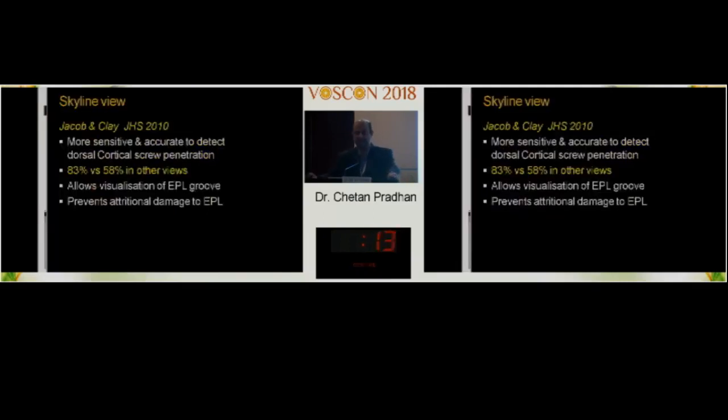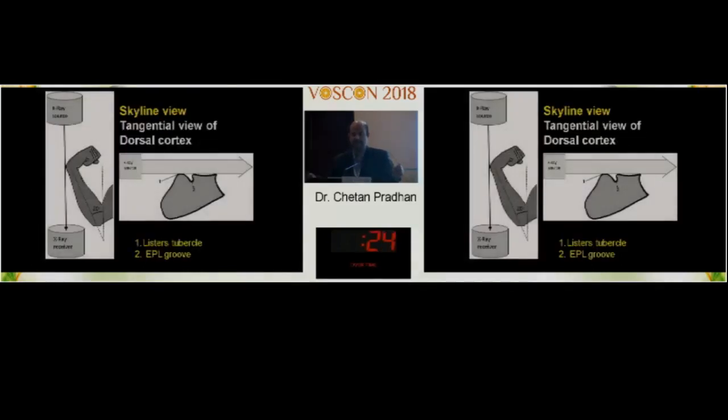The third view is the skyline view, Journal of Hand Surgery 2010, supposedly more sensitive and accurate to detect dorsal screw penetration, especially the EPL groove. This is how you take the X-ray: you keep the elbow at an angle of 20 degrees and fully flex the wrist and take a skyline view like that.